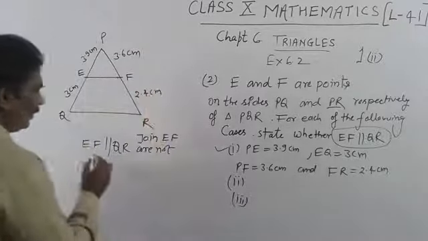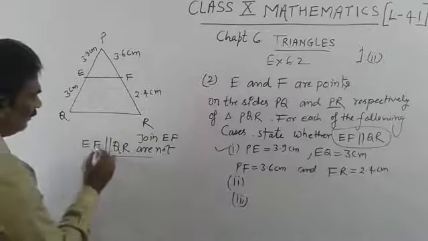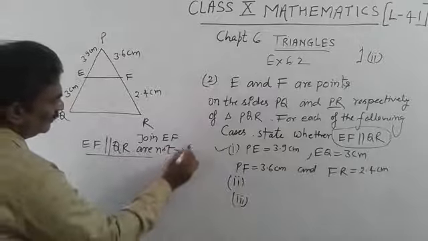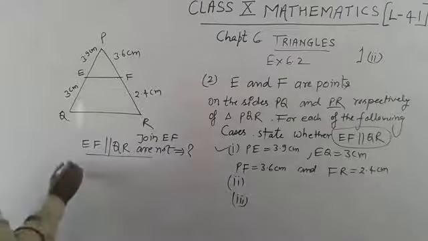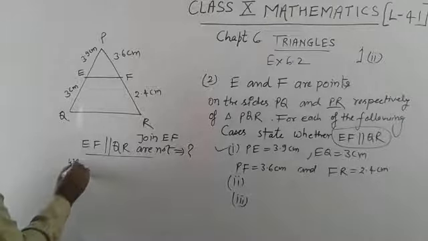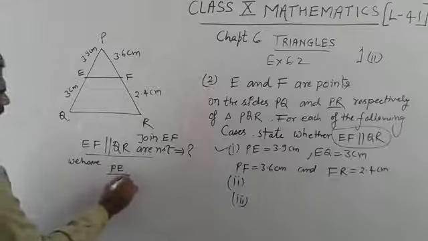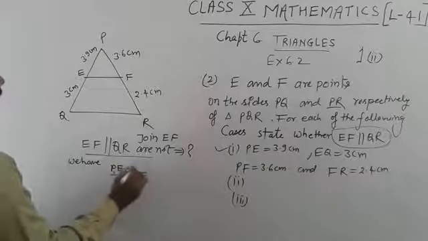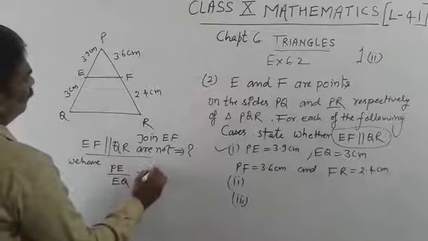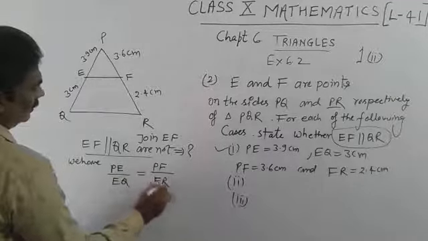Okay students, to determine that EF parallel to QR or not, first of all we should find a ratio, like we have PE upon EQ is equal to PF upon FR.